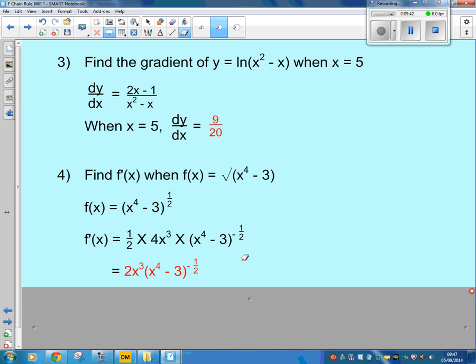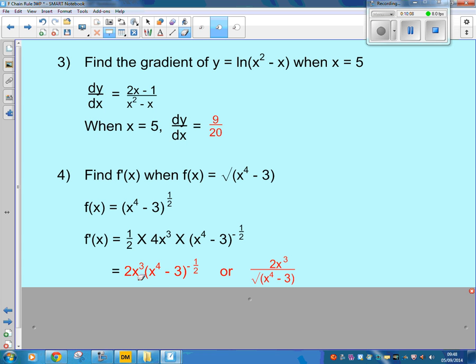So that means instead of it being the square root of x to the 4 minus 3, it's going to be 1 over that square root. And you're going to have to multiply that by 2x cubed. So it's the 2x cubed over 1 multiplied by 1 over the square root. So you get 2x cubed over the square root of x to the 4 minus 3.